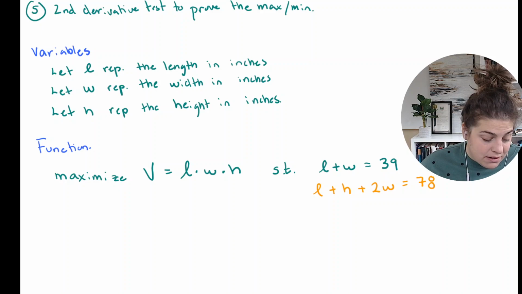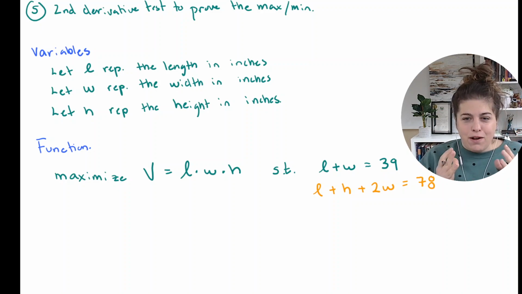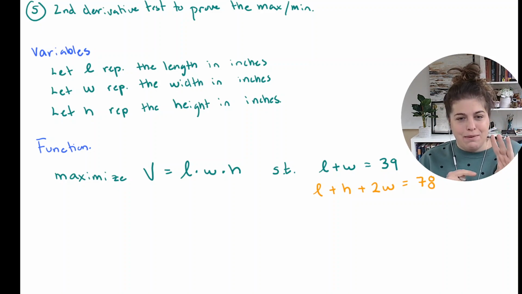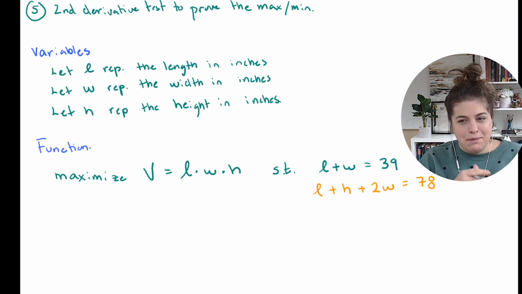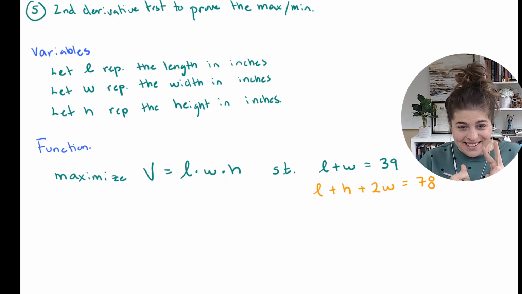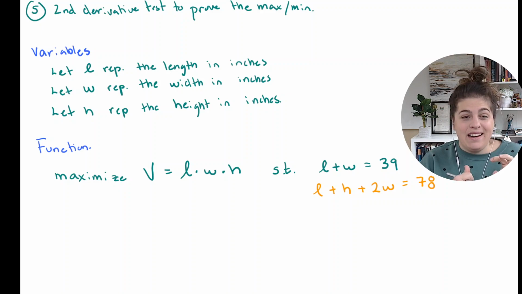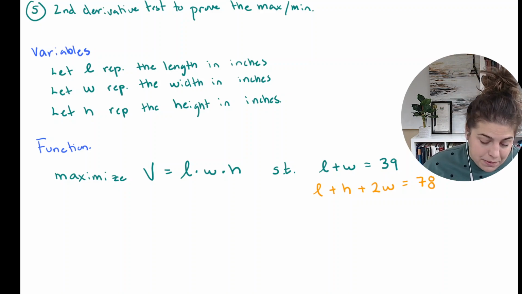So our goal here, right, for volume, we currently have three variables, length, width, and height. And at this point in the course, we have not done partial derivatives. So we know that at some point here, we should be able to cancel and sub things in so that we're getting rid of two of these variables so that we can take our derivative with only one variable in there. Okay.